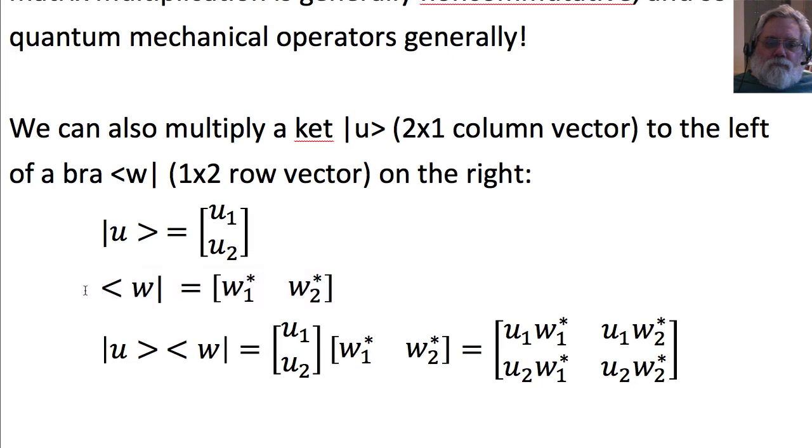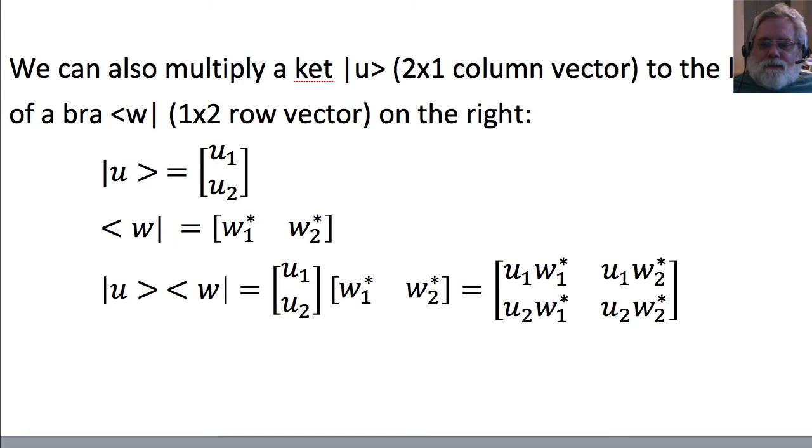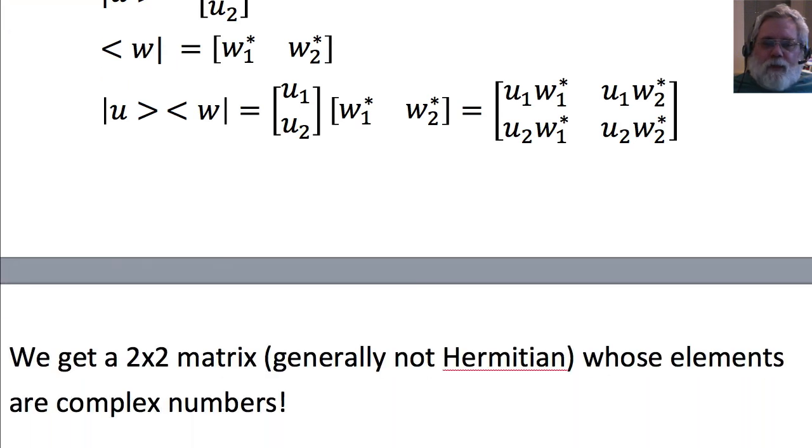Ket u times bra w: column vector times row vector, 2 by 1 times 1 by 2, we end up with a 2 by 2 matrix, this 2 by 2 matrix. If you know how to multiply matrices together, you'll see that this is the answer. Otherwise, just accept this as the answer. We get a 2 by 2 matrix. It's generally not going to be Hermitian. The elements will be complex numbers.